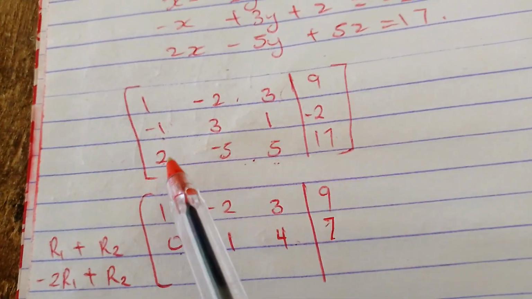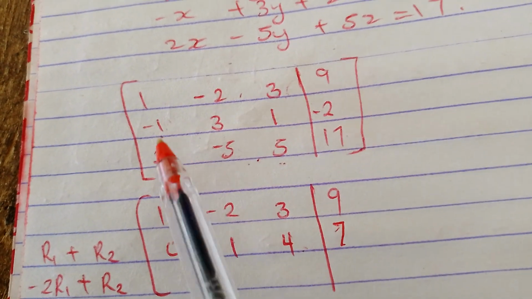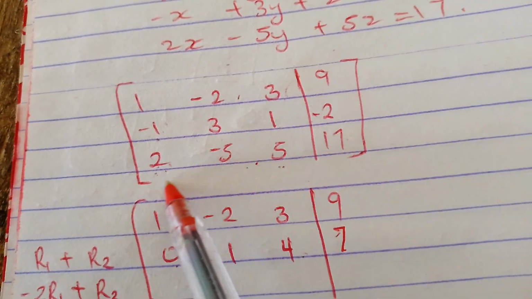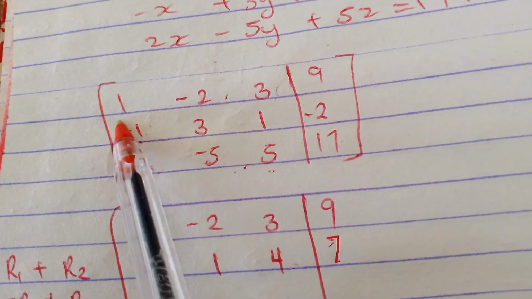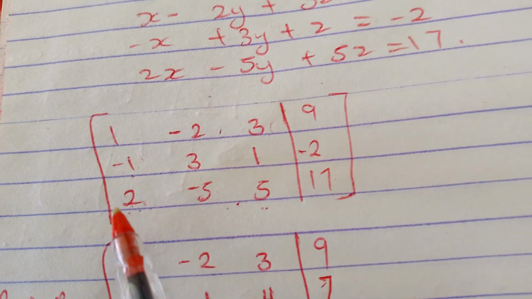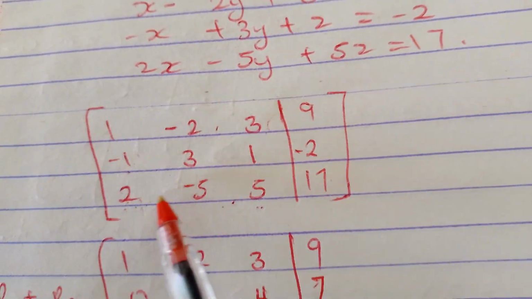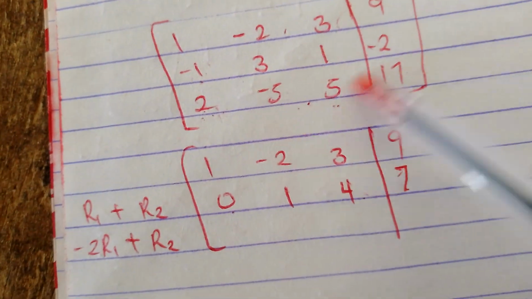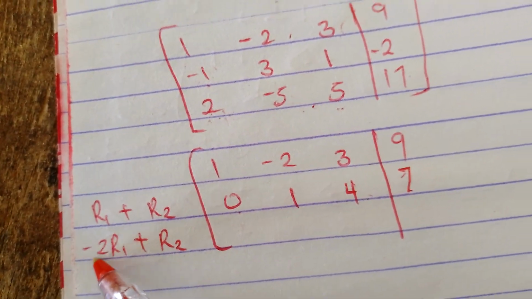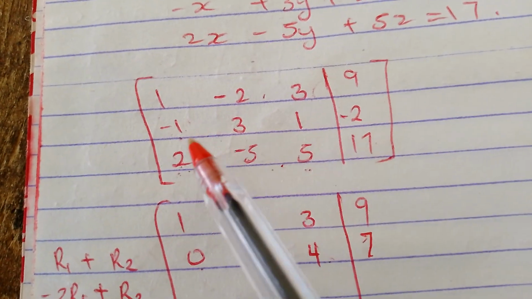Now over here, how do we get 0 for this? So first of all, let's find zeros for these. So 0 for this, we can take negative 2 times r1 plus this, or we can say 2 times r1 minus r2. But to make it safer, always just make it this way. So you say negative 2 times r1 plus r2, and just do that.